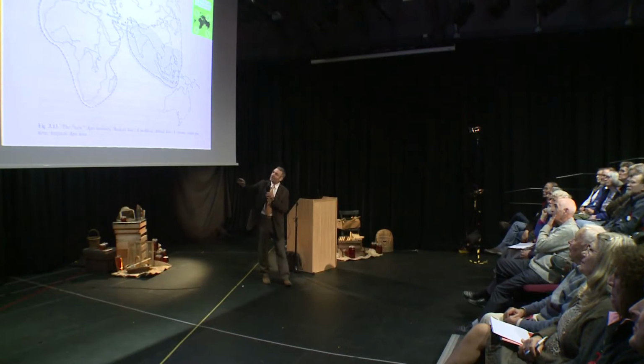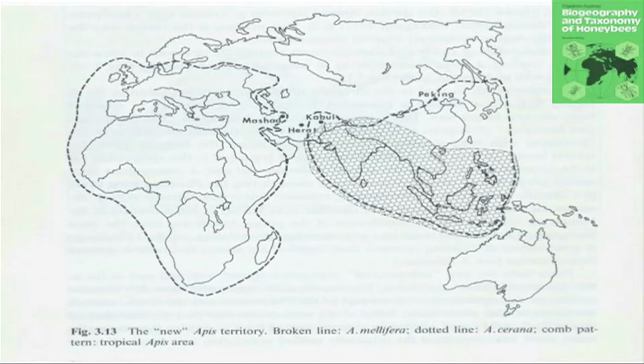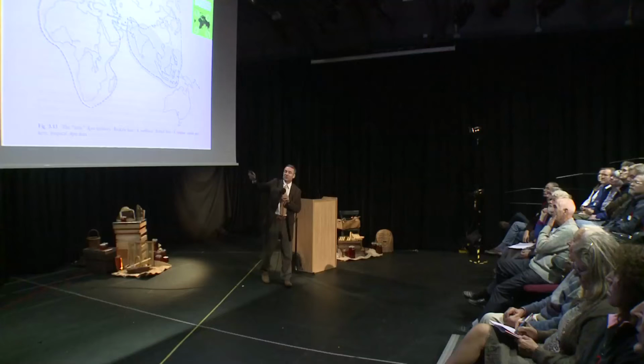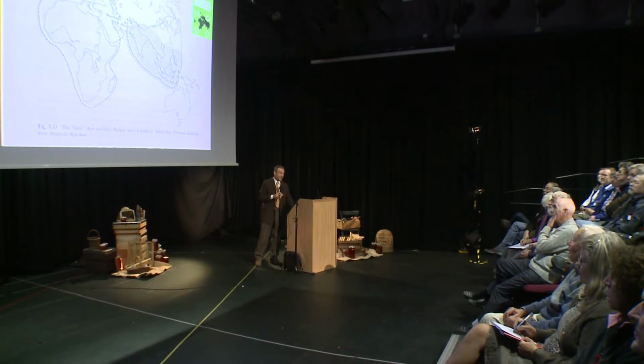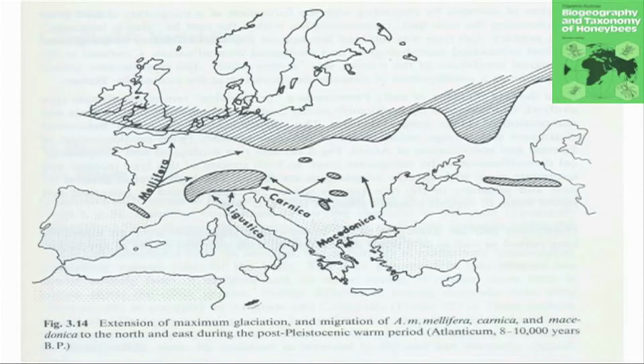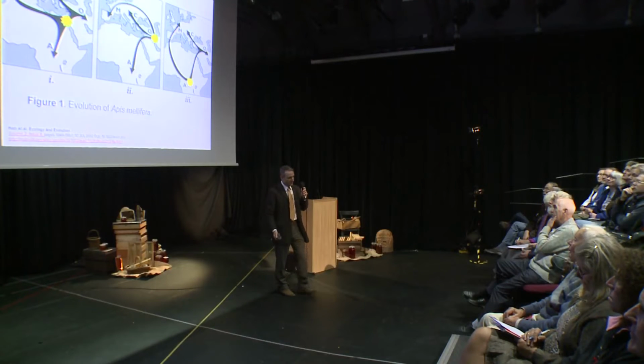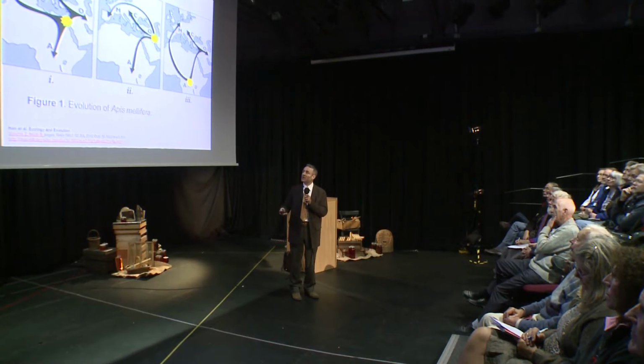OK, let's go back and finally look at Apis mellifera itself and its subspecies. And this is Rutner's diagram again of the natural distribution of Apis mellifera, the western honeybee, the one that's used mostly by beekeeping, the one that we use. And he's got another image in his book of post-glacial spread of different races of honeybees out of glacial refugia. If we think back a bit further, we've got some hypotheses about how Apis mellifera evolved and dispersed.